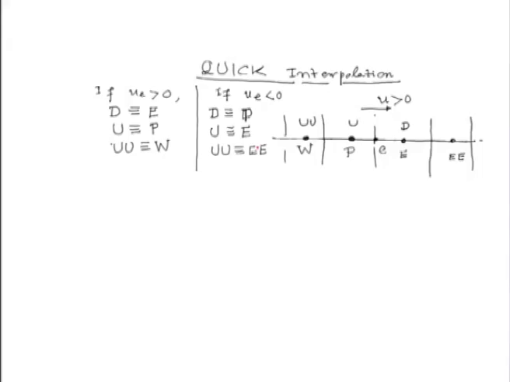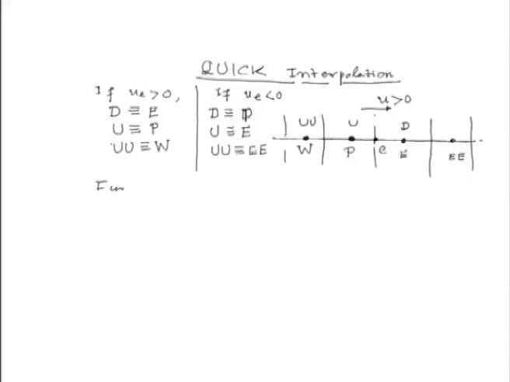So, there are two situations which we might have. To keep our discussion generic, let us work out the formula using this quadratic interpolation with the symbols d, u and uu.